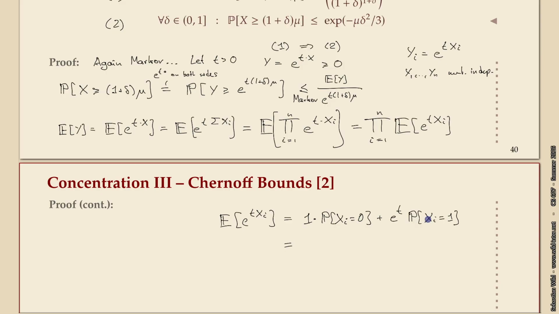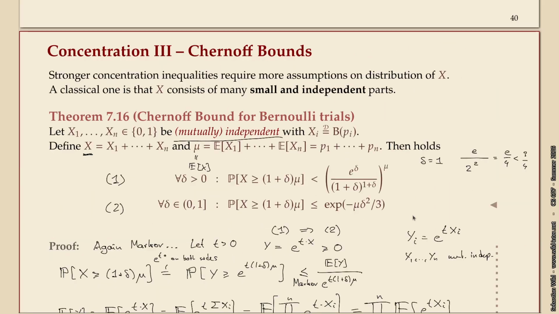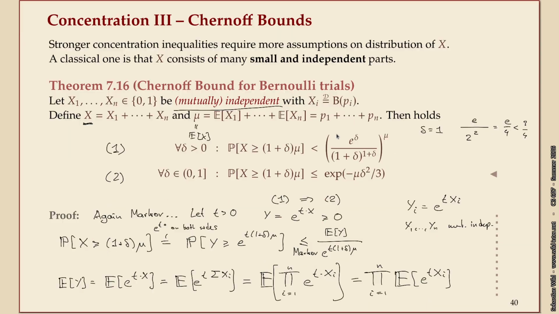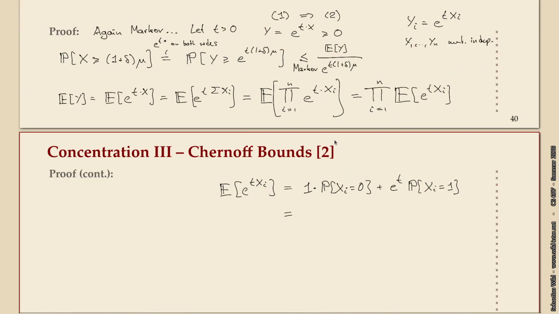And of course, we know what these are by definition. Again, these are Bernoulli pi. So it's 1 times 1 minus pi plus e to the t times pi. So that's this expected value that we're now going to plug in up here.